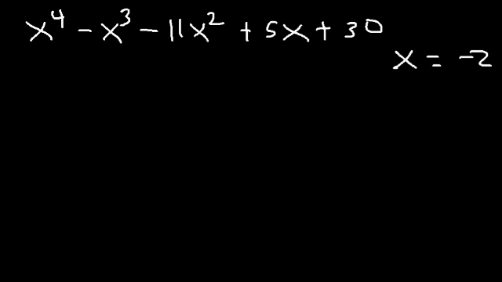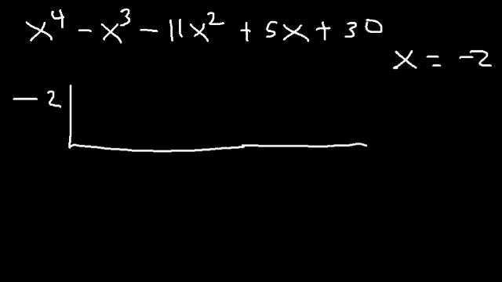Now let's use synthetic division. So the coefficients are 1, negative 1, negative 11, 5, and 30. So let's bring down 1. Negative 2 times 1 is negative 2. Negative 1 plus negative 2 is negative 3.